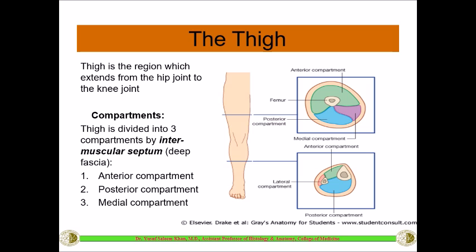There is also an additional, very small compartment formed by the muscle coracobrachialis. So the presence of the coracobrachialis on the medial side indicates the medial compartment, which is very similar to the thigh where we have the three compartments.